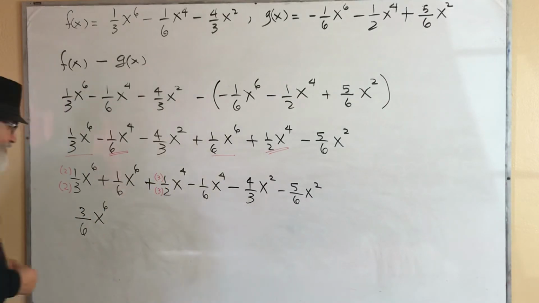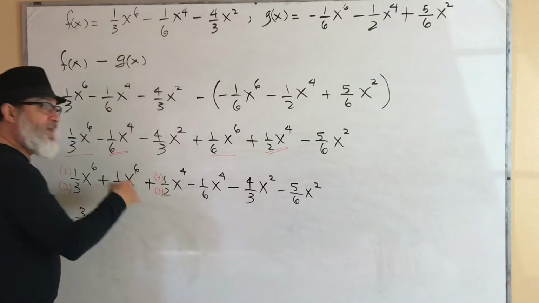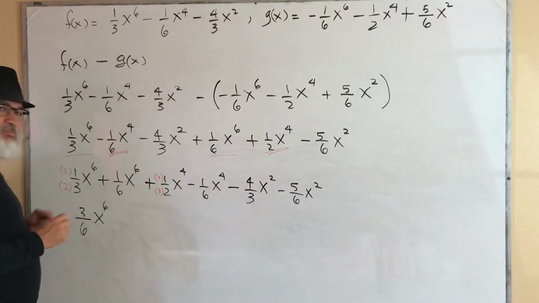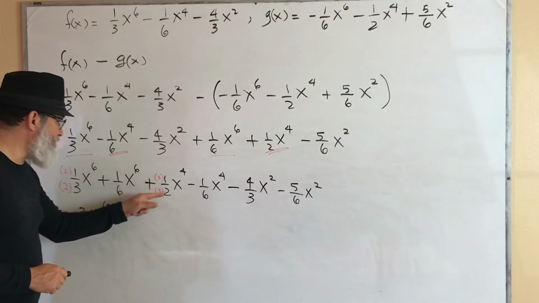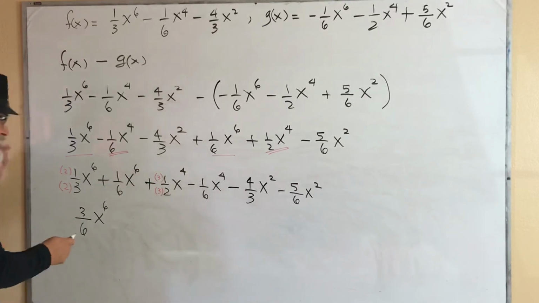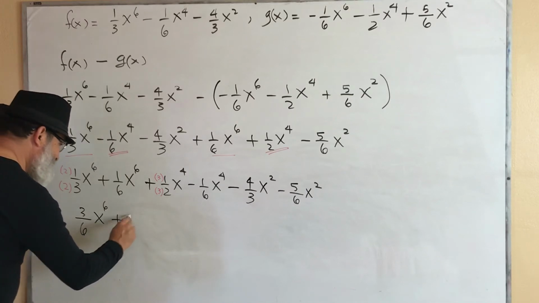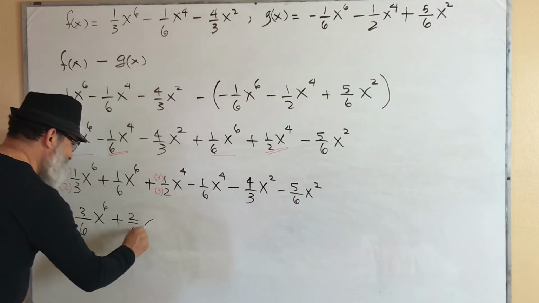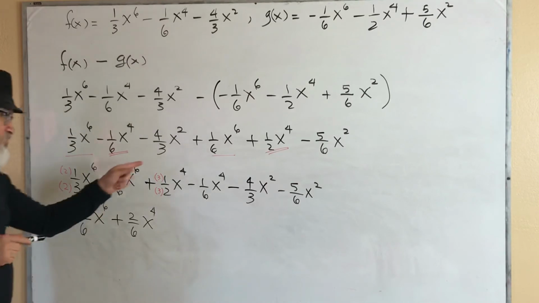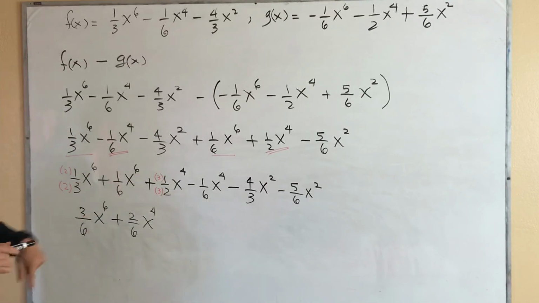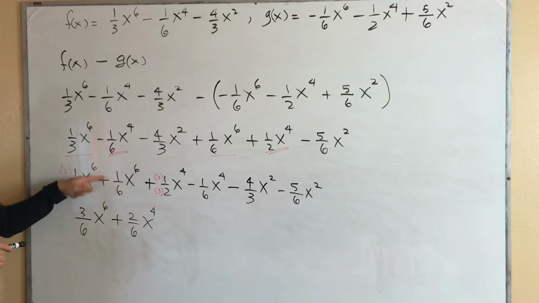So now the 1/2 became 3 over 6. And what's 3 over 6 minus 1 over 6? Is that 2 over 6? X to the 4th, right? 3 over 6 minus 1 over 6 is 2 over 6. 2 over 6 plus 1 over 6 is 3 over 6.